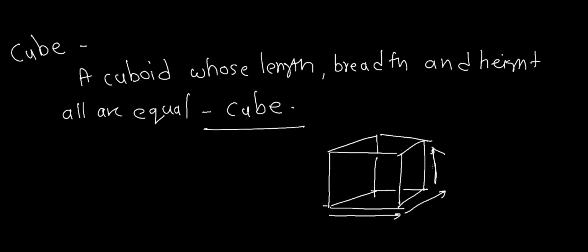So this and this are all equal. This is a cuboid having length, breadth, and height all equal, which is a cube.